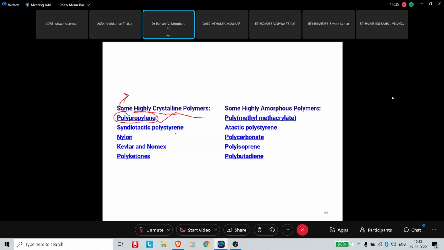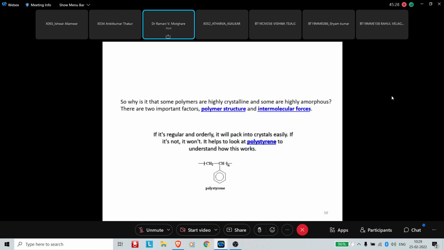Then syndiotactic polystyrene, then nylon, Kevlar and Nomex and polyketones. These are highly crystalline. Some highly amorphous polymers are polymethyl methacrylate, atactic polystyrene, polycarbonate, polyisoprene, then polybutadiene. So these are some of them.